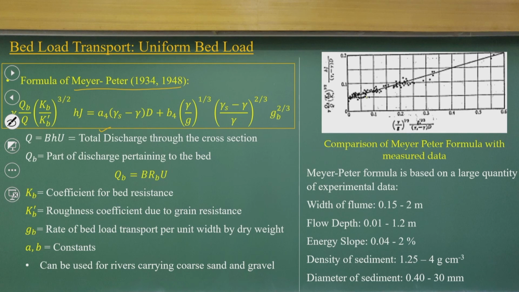This data indicates how accurate the Meyer-Peter Müller formula is against measured data. That is a comparison of the formula, and this is the range of data used, a large quantity of experimental data: flume width from 0.15 meter to 2 meters, flow depth from 1 centimeter to 1.2 meters, energy slope from 0.022%, density varying from 1.25 to 4 g, and sediment diameter up to 30 meters.